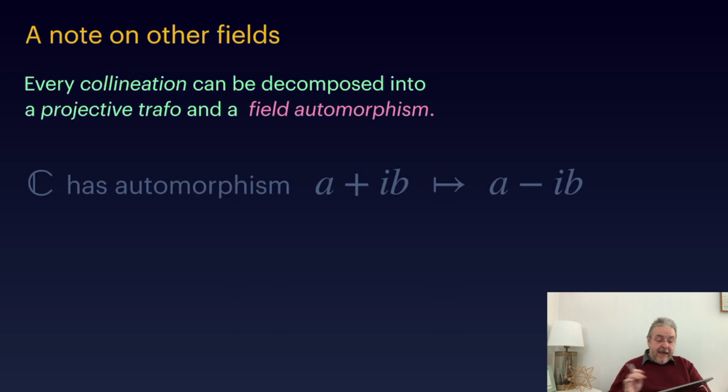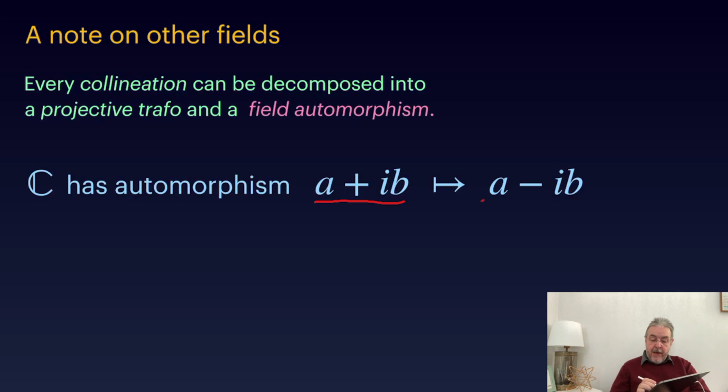For instance, if you have the projective plane over the complex numbers, the complex numbers have exactly one non-trivial field automorphism, and this is complex conjugation that sends a complex number into its conjugate. It turns out that conjugation is also a collineation, but cannot be expressed by a matrix multiplication.